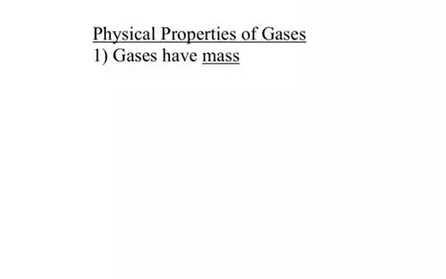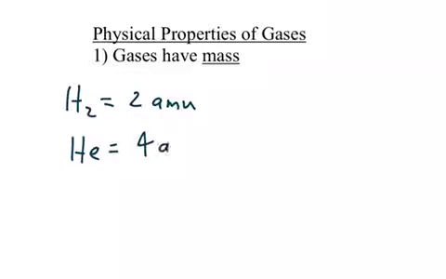Earlier, I told you that gases have mass, and if you recall, I mentioned how hydrogen gas, being diatomic, has a mass of approximately 2 AMU. This is the lightest gas known to man. Helium is the second lightest gas. If you look at the periodic table, it has an atomic mass unit of approximately 4.